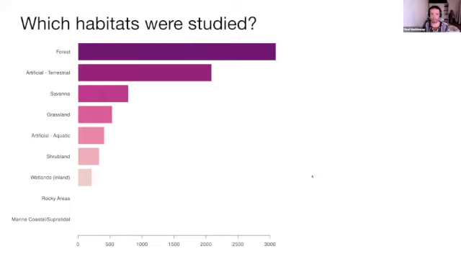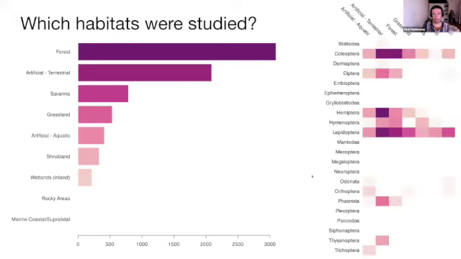In terms of the habitats that were studied, it was primarily in forest and artificial terrestrial habitat, and the vast majority of that artificial terrestrial was agriculture. You can see here how there is a cross-tabulation of the insect taxa down the y-axis in this heat map, versus the habitat type.